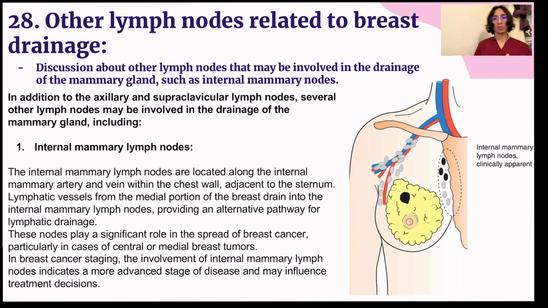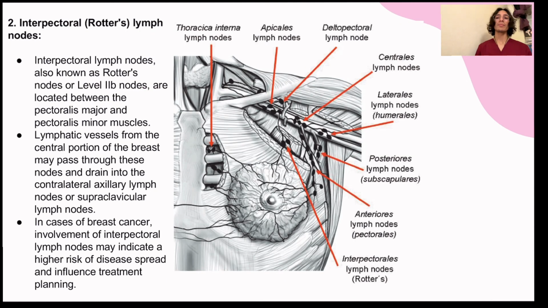These nodes play a significant role in the spread of breast cancer, particularly in cases of central or medial breast tumors. In breast cancer staging, the involvement of internal mammary lymph nodes indicates a more advanced stage of disease and may influence treatment decisions.